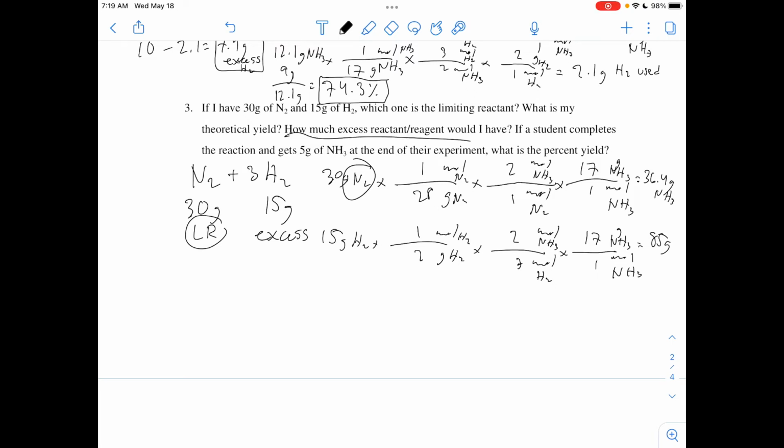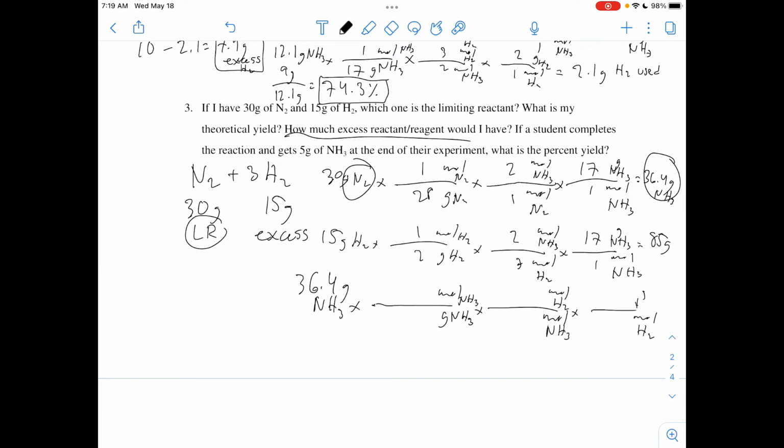And then how much excess? I'm going to take the amount that I produce with my limiting reactant and turn it into hydrogen, my excess reactant or excess reagent, and moles of H2 into grams of H2.